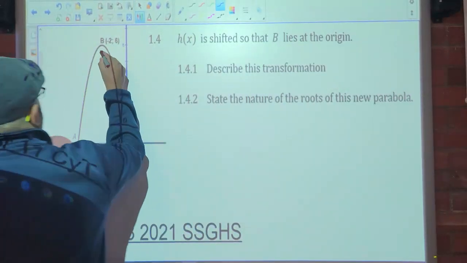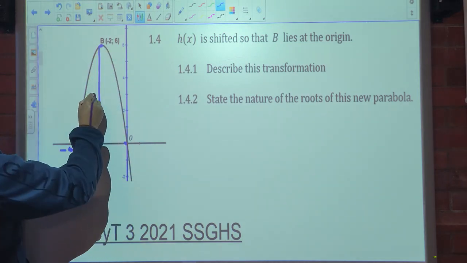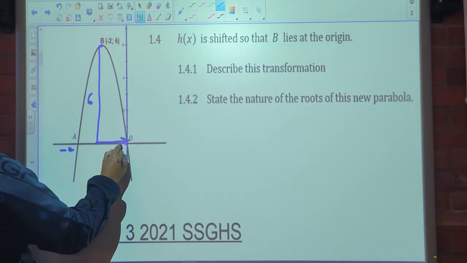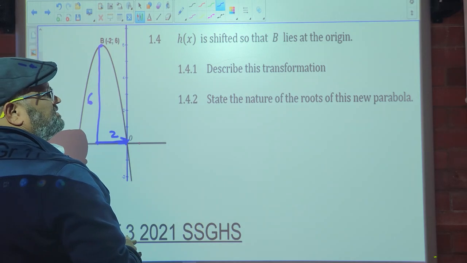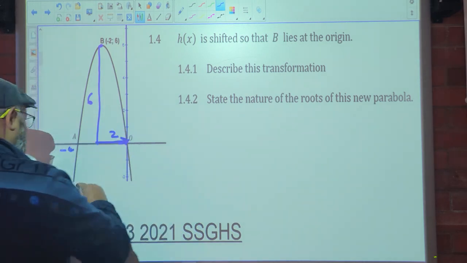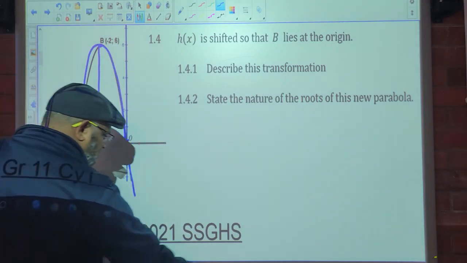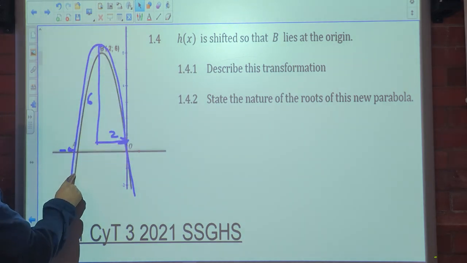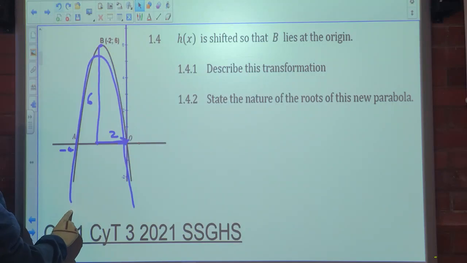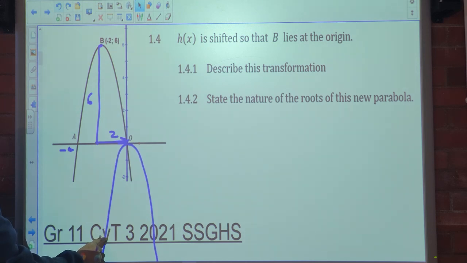So if B is (-2; 6), it's going to go down by how many units? 6 units, not so? And it's going to move across by 2 units. Describe the transformation. If you take this graph and do that shift, it's going to go down 6 units and move across 2, so you're going to go to the origin.